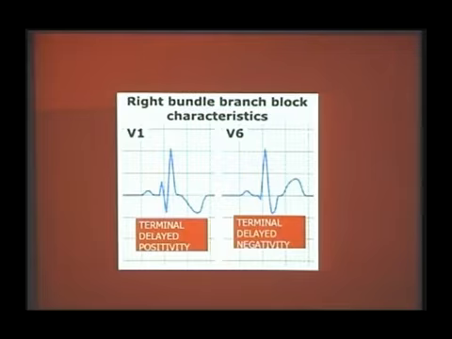This is a classical right bundle branch block. 5% of normal people can have right bundle branch block. So whenever they say right bundle branch block, don't say W or M. It is terminal delayed slurred positivity over right sided leads and negativity over the left sided leads.